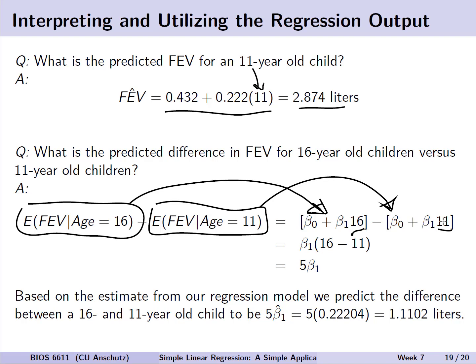We can note them by actually doing the math. Our beta naught terms will cancel each other out, and we'll really be left with this difference of 16 minus 11, or 5 beta 1. So, based on this difference of the expectation, we can then plug into our 5 beta 1 hat that actual predicted value from our regression model and output, where we can predict that the difference between a 16 and an 11-year-old child will be 1.1102 liters.